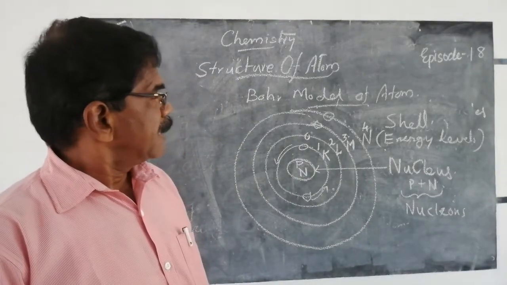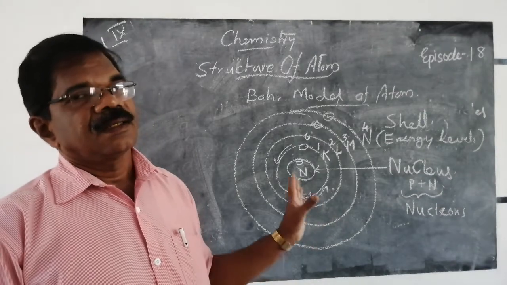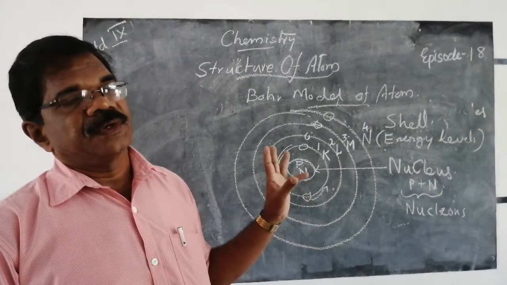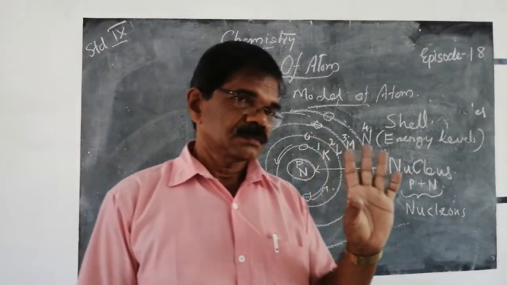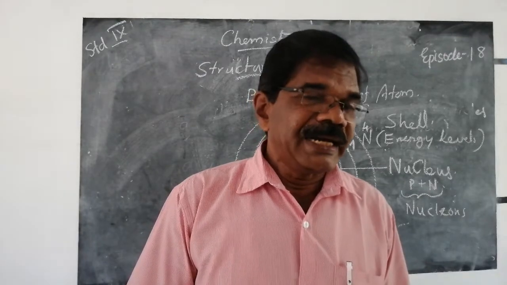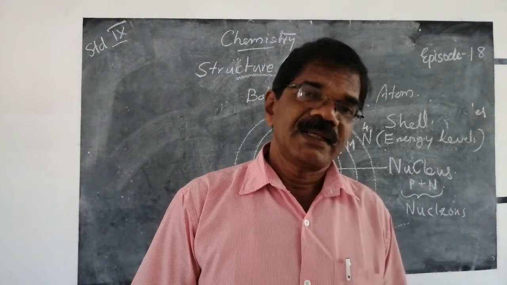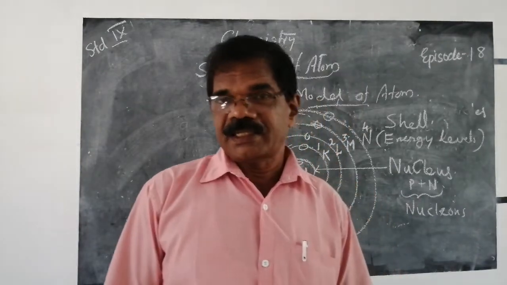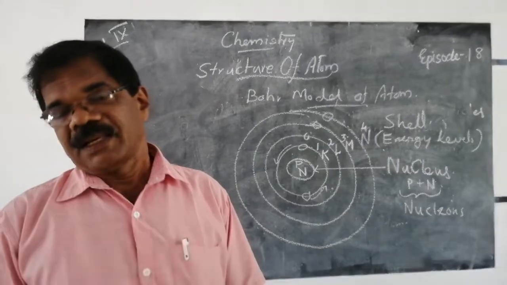So once again, what are the new terms you have to learn in this chapter? First of all, the three fundamental particles. Up to Dalton's period, John Dalton's theory stated that atoms are indivisible.